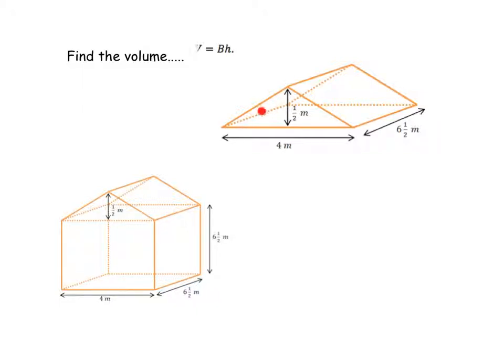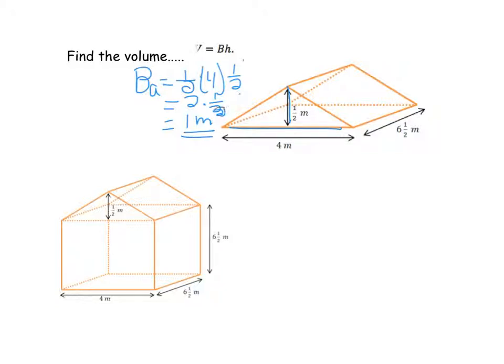First pause and see if you can find the base area, so the area of this triangle right here. So if I plugged in my base and my height into the formula, 1/2 times base times height, I came up with 1 meter squared.